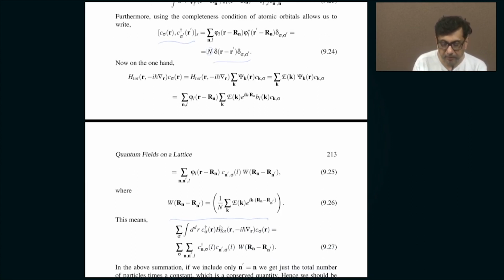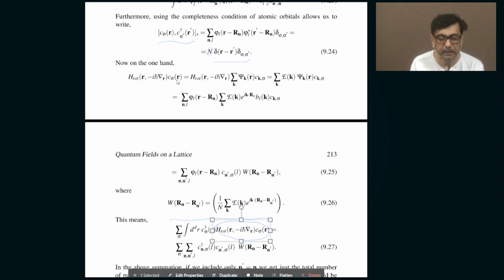So, for that I have to first understand how the total Hamiltonian for all the atoms put together acts on the annihilation operator for the electrons in the crystal.